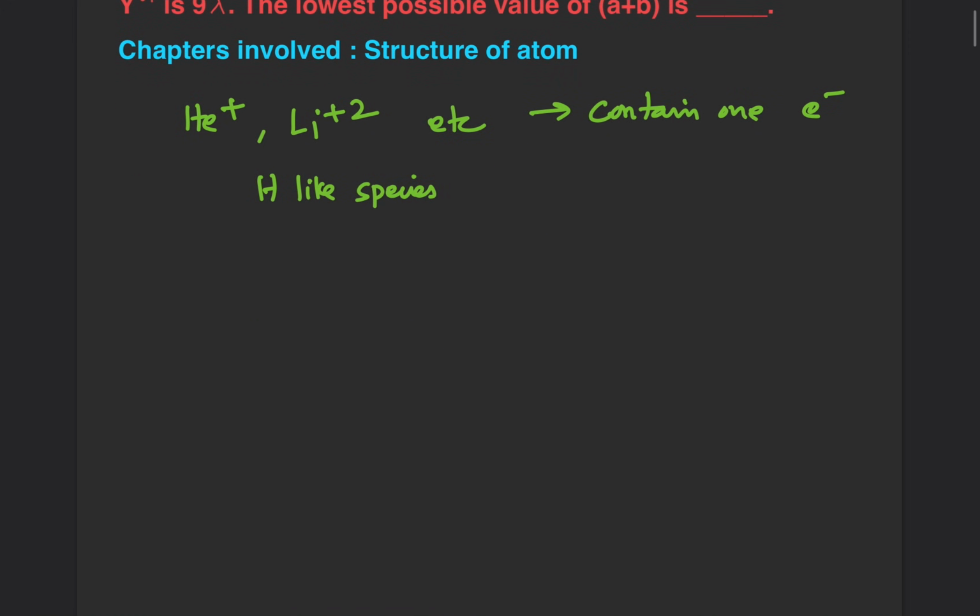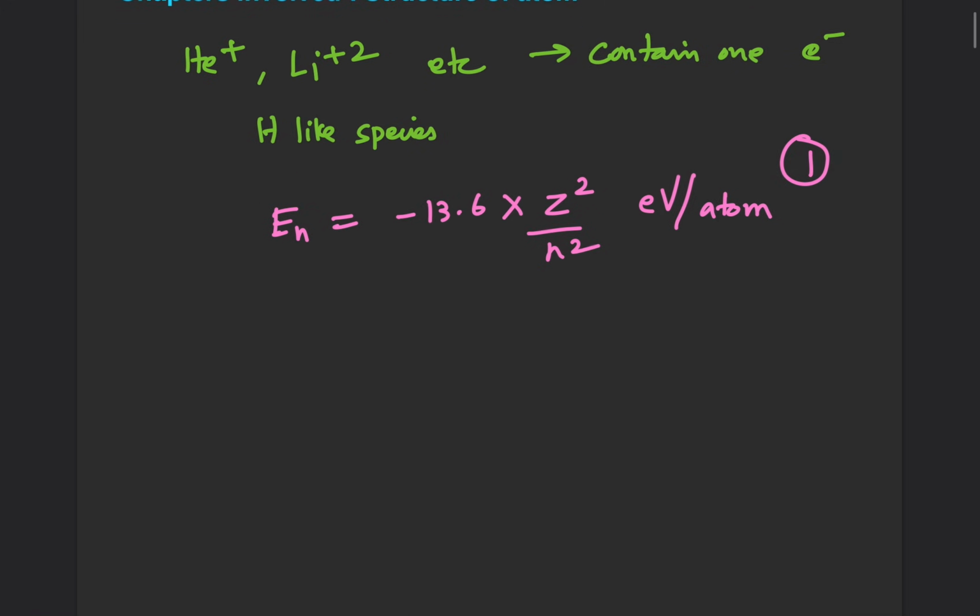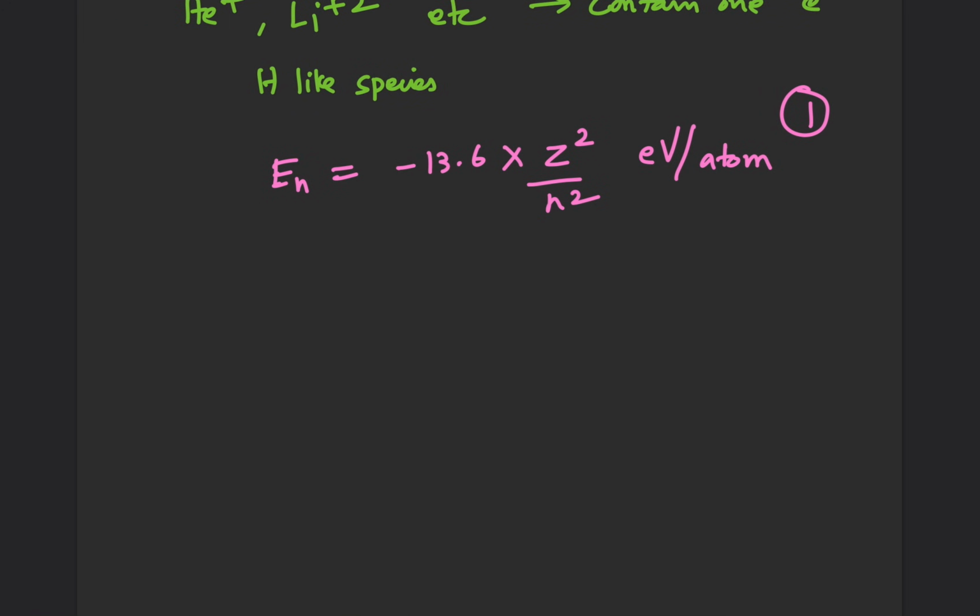And for them, the expression of energy is En is equal to minus 13.6 into Z square by n square, where Z is the atomic number and n is the principal quantum number, and the unit is electron volt per atom. Let's say this is equation 1. Given that Xa plus and Yb plus are H-like species.